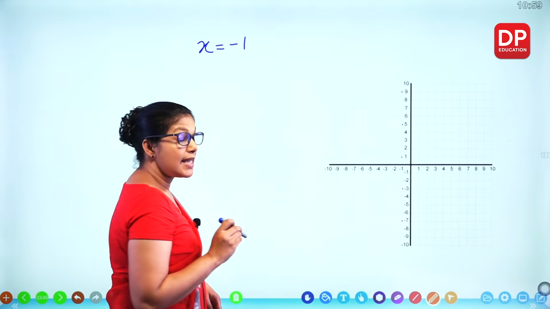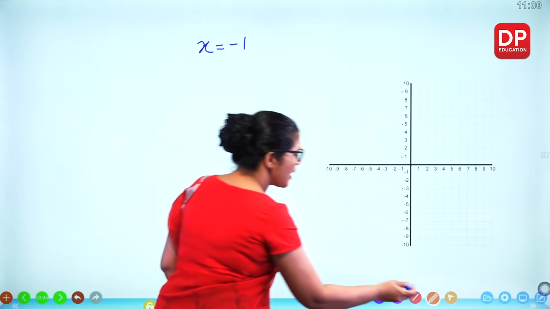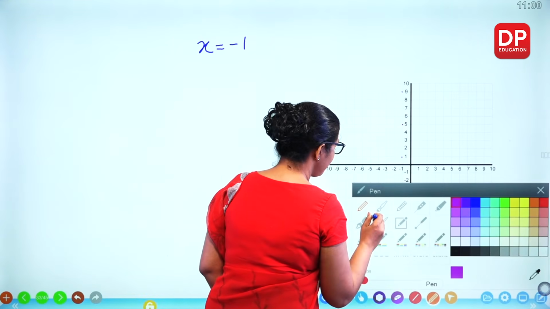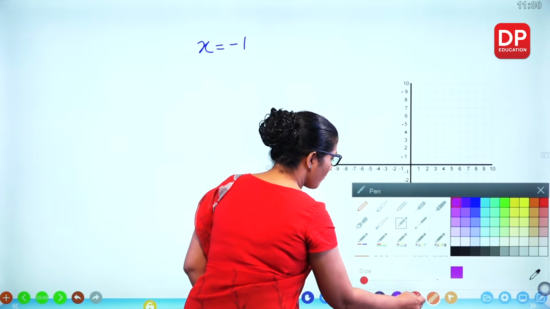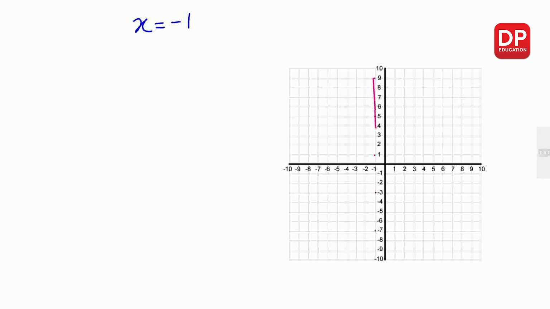So what's the equation? x equals minus 1. You can draw this line. So I can draw this line for x equals minus 1.